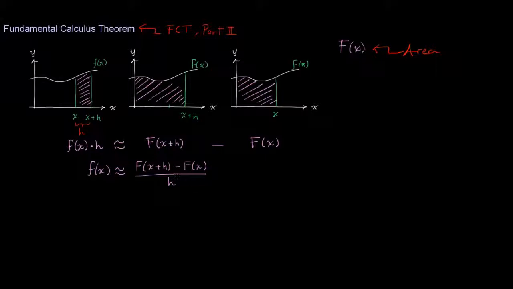When in mathematics you say that something is really close to another value, in this case h is really close to 0, it's a nice way to say that f of x would be equal to the limit when h approaches 0 of F of x plus h minus F of x, all over h.